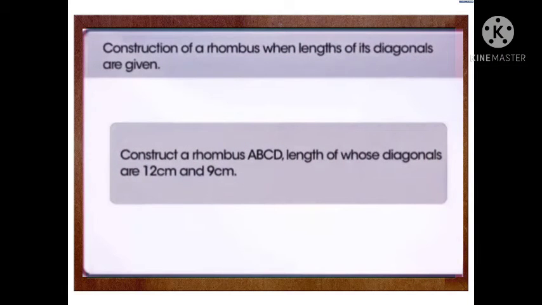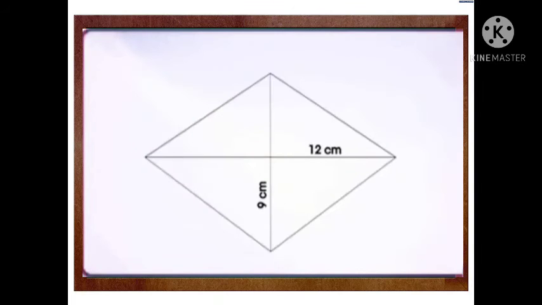Here we construct a rhombus when the lengths of its diagonals are given. Construct a rhombus ABCD whose diagonals are of length 12 cm and 9 cm.